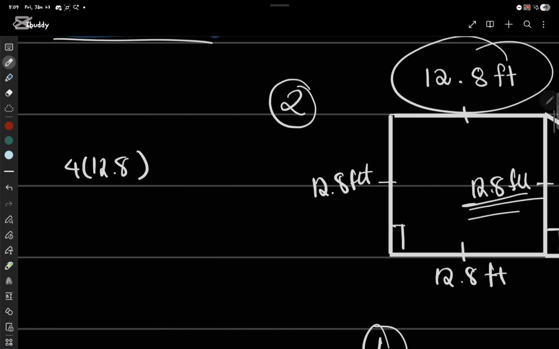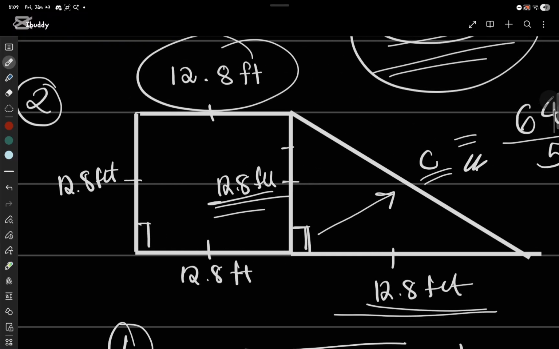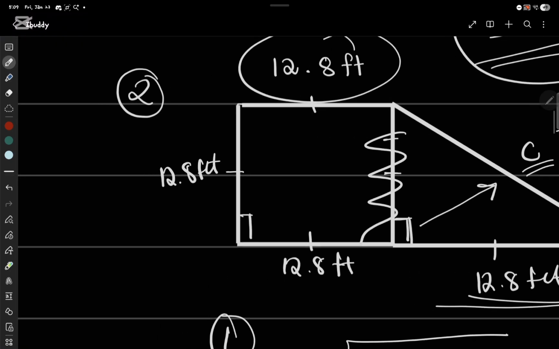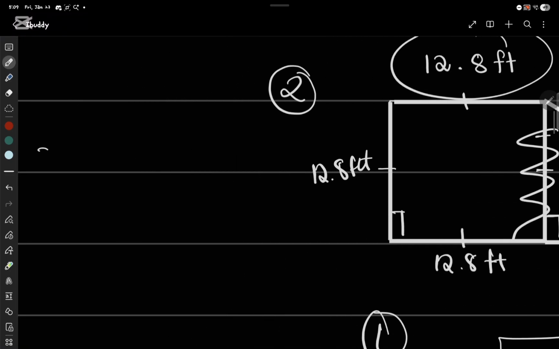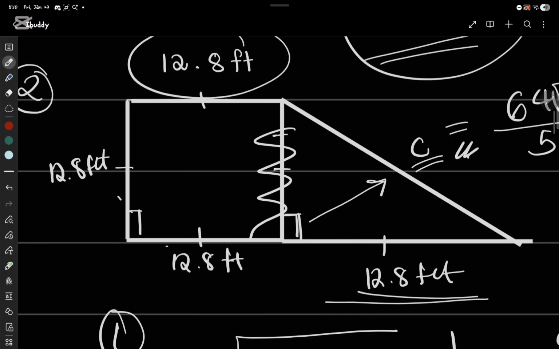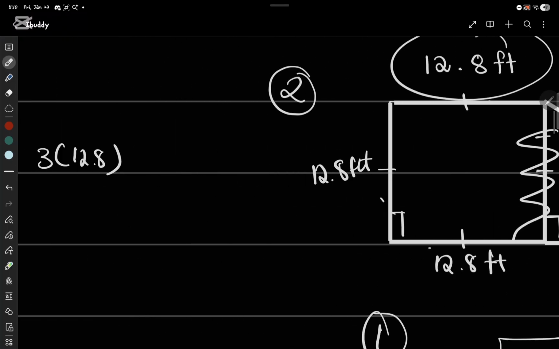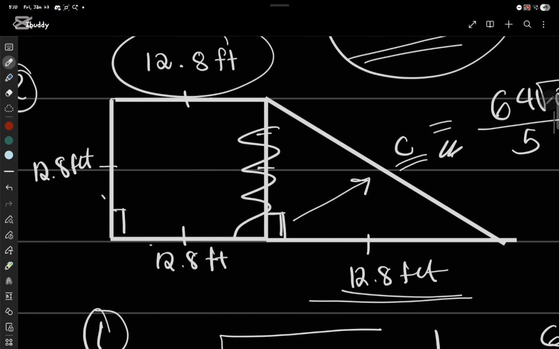Oh, actually no. This side doesn't really count as a perimeter, so you can just exclude that. So you have 3 12.8s. So 3 here, and then you have another 12.8. Right, you have another 12.8 here. So you get this side, this side, this side.